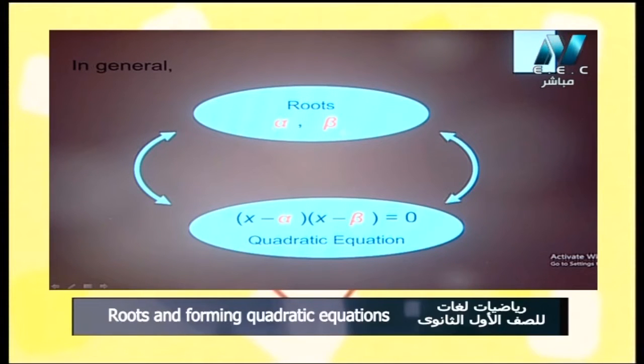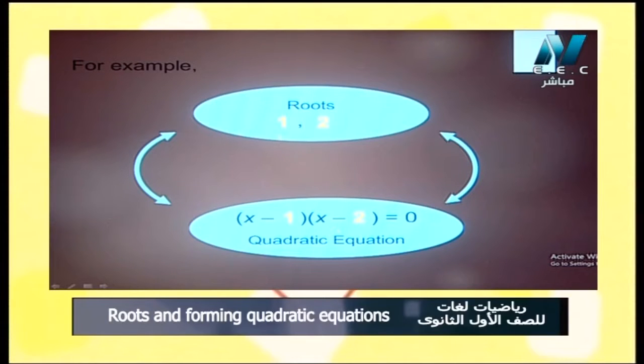So alpha and beta are the two roots. When you would like to find the quadratic equation, you put a bracket x minus alpha multiplied by x minus beta, and they are multiplied by each other equals 0. It is the quadratic equation.